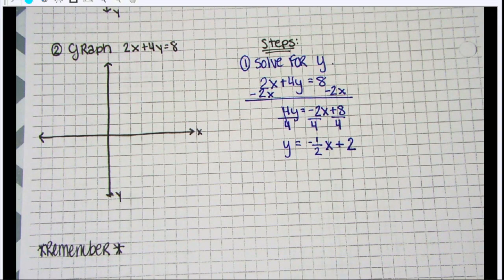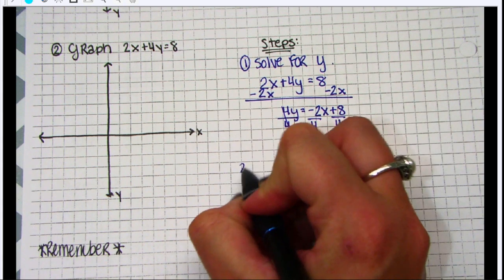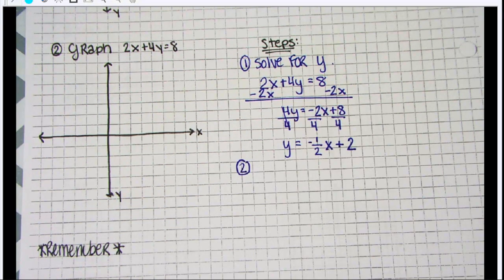So now that it's in y equals, what is our next step? Okay, how do I graph it? What's step 2? So what should I graph first? The 2, good.